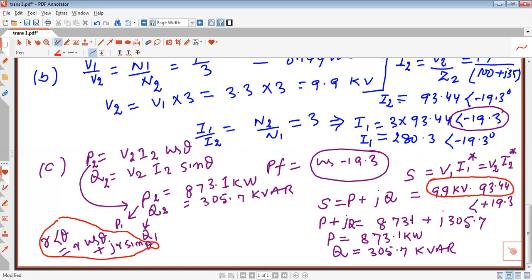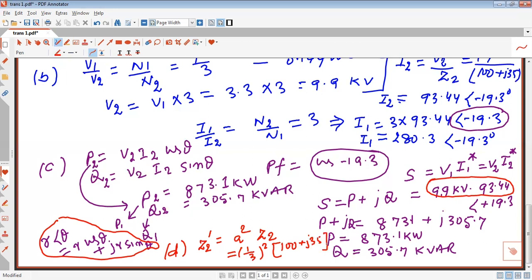So for that, we have to find the secondary impedance referred to the primary side, which is called Z2 dash, which is nothing but A squared multiplied by Z2. A squared is how much? 1 by 3 squared, and Z2 is how much? 100 plus J35.